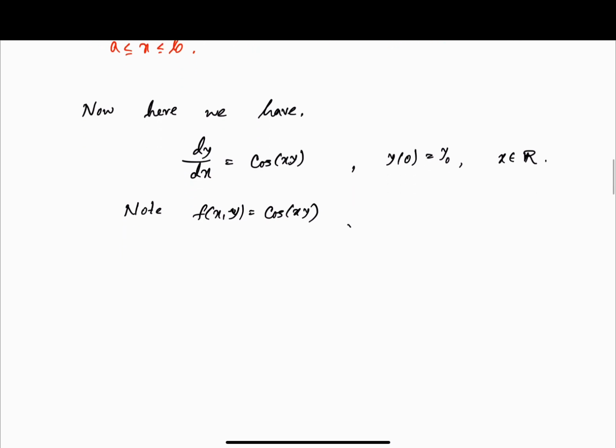So clearly this is a trigonometric function, so it is continuous in all of R2, so it is also jointly continuous. So cos(xy) is continuous on R2, a continuous function on the whole of R2 and jointly continuous.